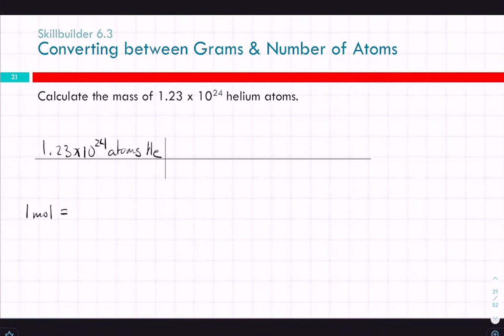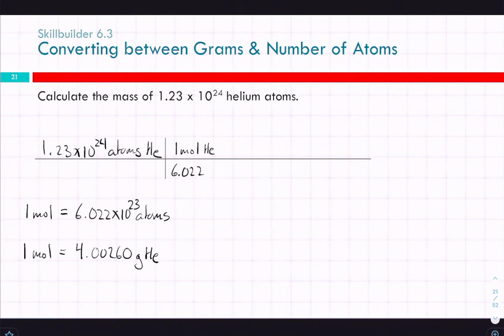So we're going to go from atoms to moles: 6.022 times 10 to the 23. Then 1 mole equals 4.00. And then we'll have 1 mole here, 6.022 times 10 to the 23 atoms of helium.